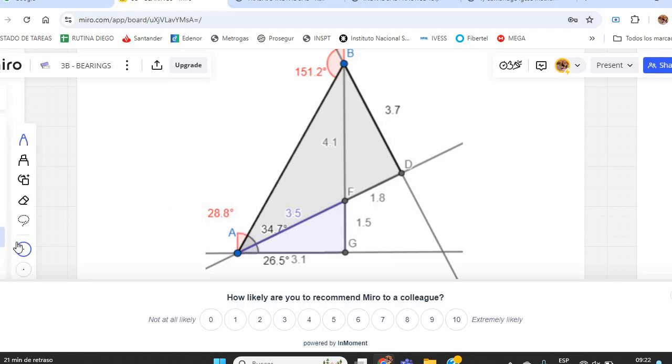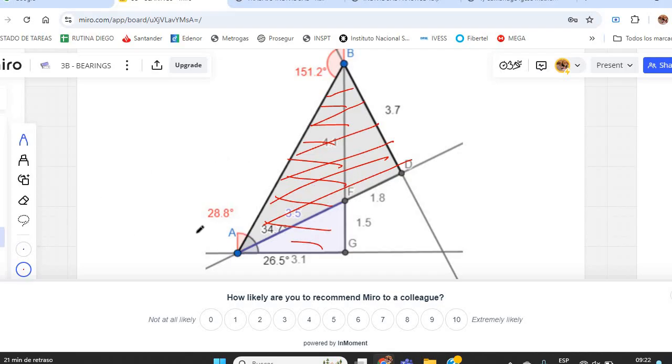You can see this one is a right angle triangle. You can see that this one is a right angle triangle. Since you know these are right angle triangles, the distance from A to B is the hypotenuse of these right angle triangles.